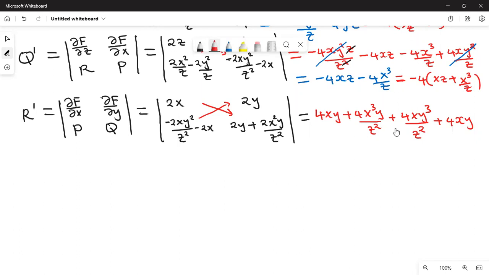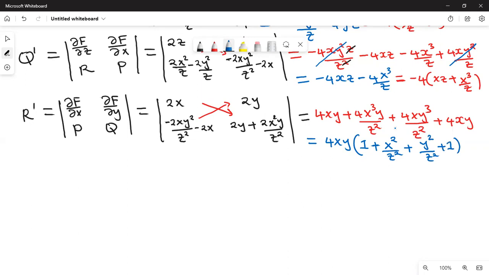But you can also see that xy is common. So if I factor out 4xy, I am going to get 1 plus x squared over z squared, then plus y squared over z squared plus 1. 1 plus 1 will give you 2.